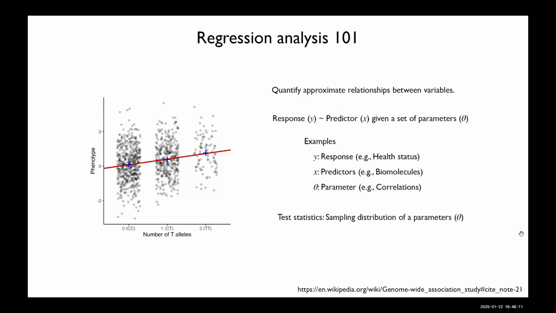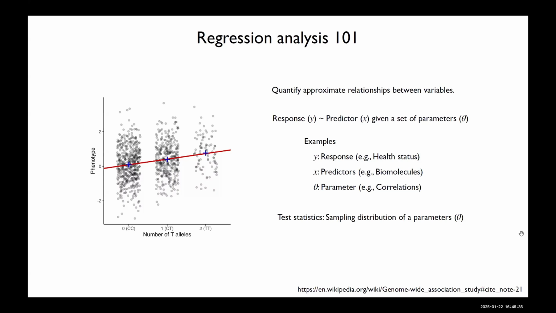And given that response and predictor data, we can fit a straight line, a regression line, and then see if this regression line slope is non-zero. If the slope is non-zero, that would indicate that the two variables are correlated or associated.